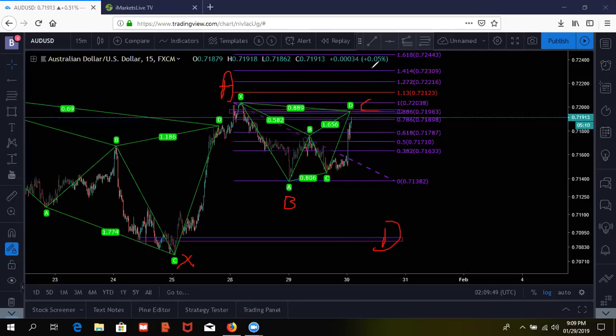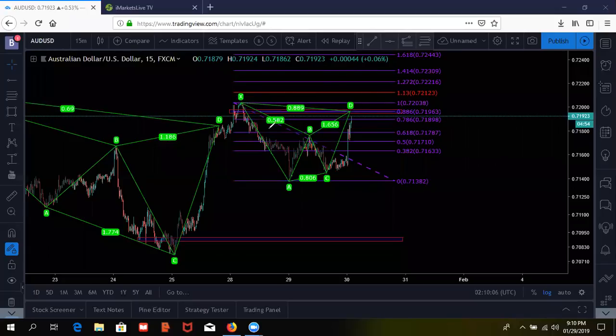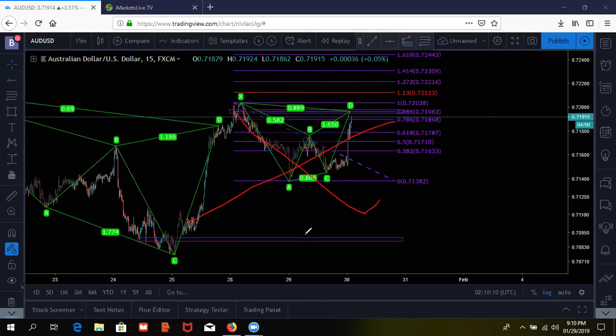So like I say, I'm going to enter this trade right here, but I'm going to keep my eye on it, because if this leg breaks above that X leg right here, then it's going to cancel out the bigger harmonic pattern, which is right here.